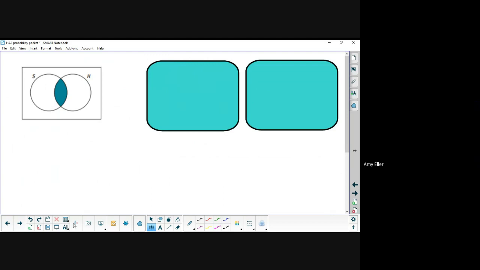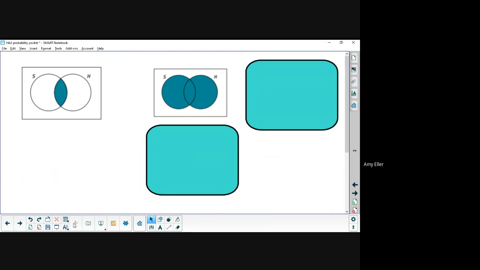If you're taking notes, you can draw the picture, but don't feel like you have to. Mary, what do you think that means? Yeah, what's it mean? They are both soccer players and on the honor roll. Very good. Write a quick sentence or blurb about what that picture means.